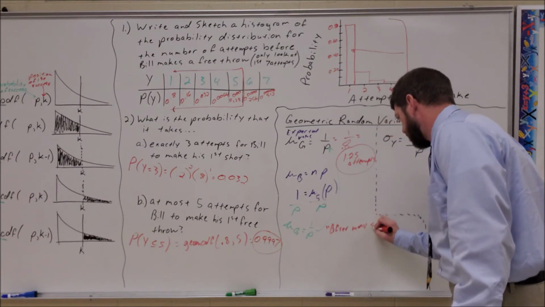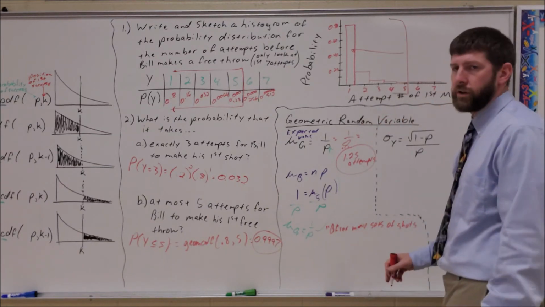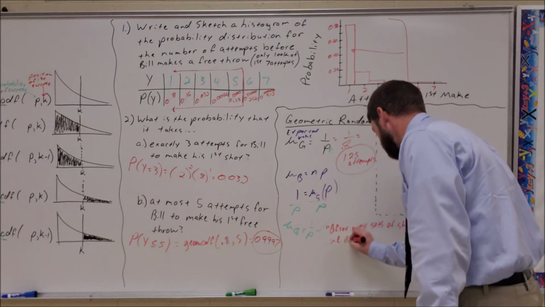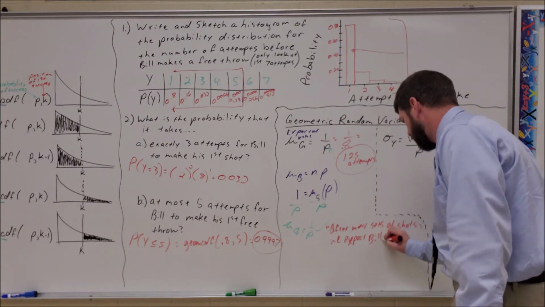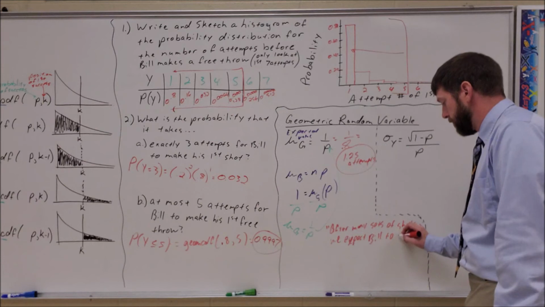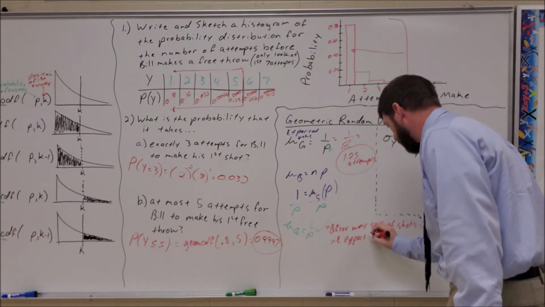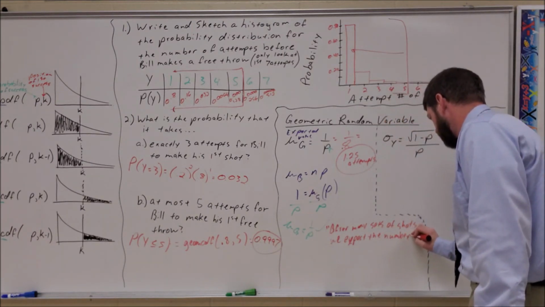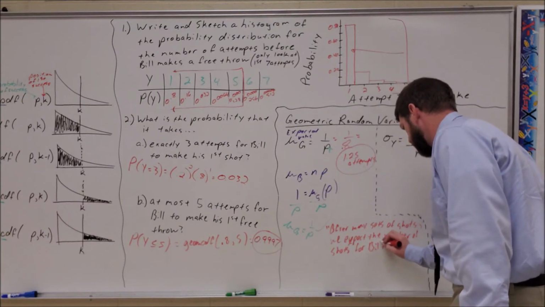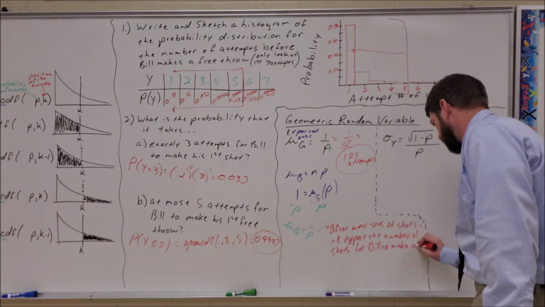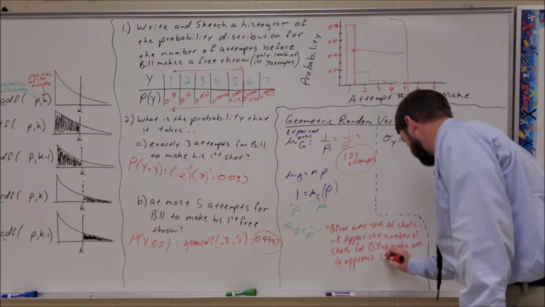After many sets of shots, or attempted shots, we expect, let's say, the number of shots for Bill to make one to approach 1.25.